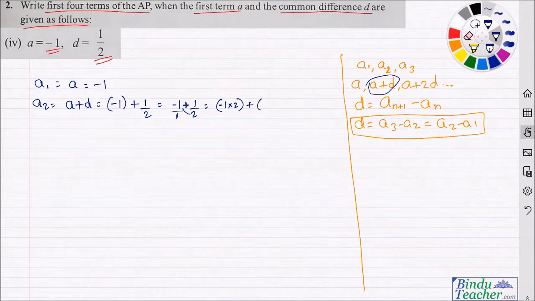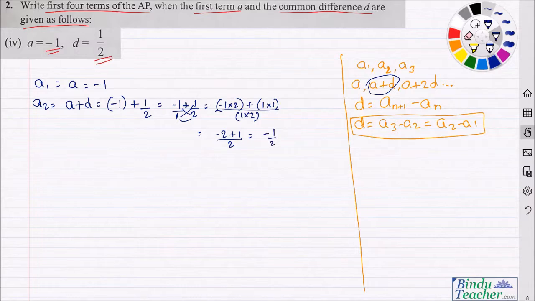So I'll write plus. Then this numerator into this denominator, which is 1 into 1. The whole thing divided by denominator into denominator, which is 1 into 2. So let's solve this equation. We'll get -2 plus 1 divided by 2, which is -1 by 2.